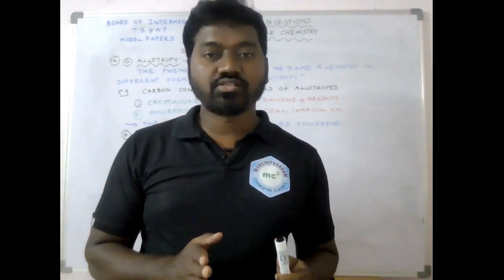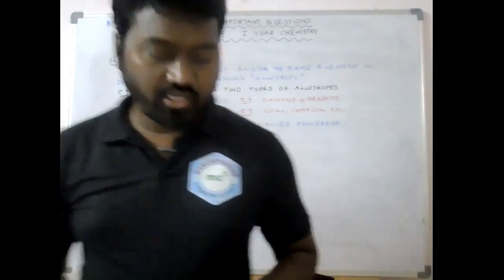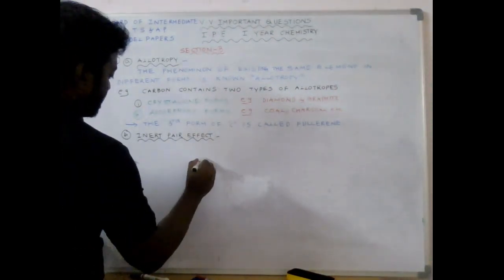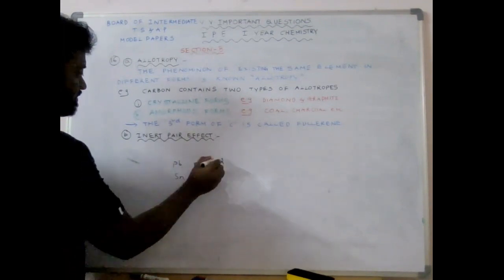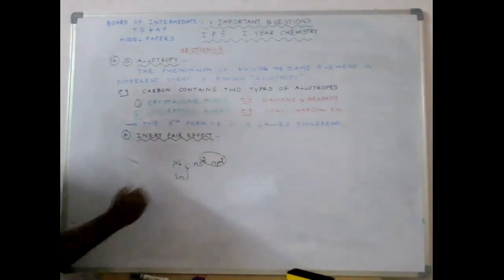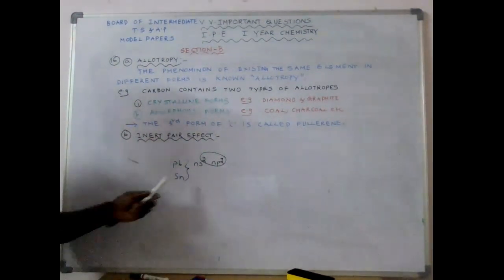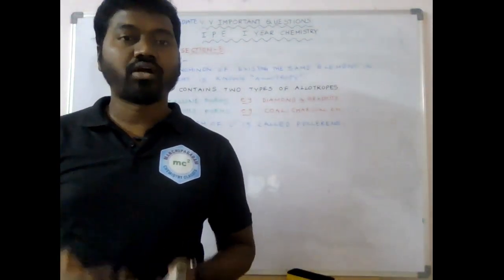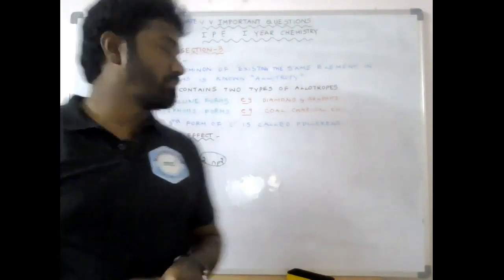The reluctance of ns electrons to participate in bonding is known as inert pair effect. If you take lead or tin, the outermost configuration is ns2 np2, because that is the 4th group. Either lead or tin, both of them have 4 electrons to lose, but they will lose only 2 electrons. The electrons present in the p orbital only they will use. The electrons present in the s orbital will not show interest to participate in the bonding. That phenomenon is called inert pair effect.